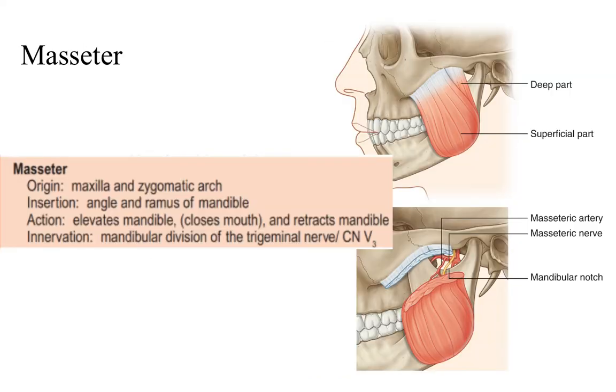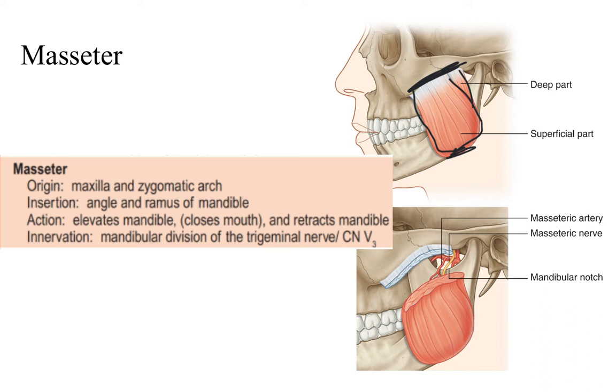All right, the next muscle is the masseter muscle, and this is a big chewing muscle. There are two parts. There's a deep part and a superficial part. And you notice that it's attached to the zygomatic bone as well as to the ramus of the mandible.